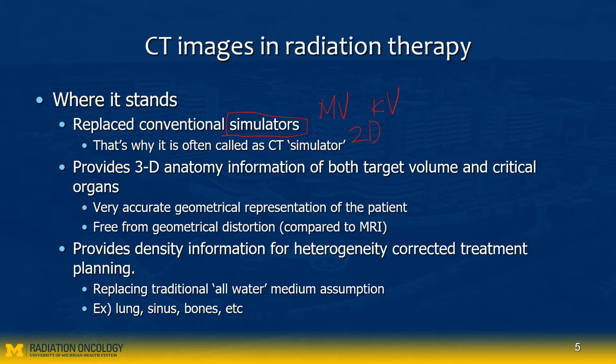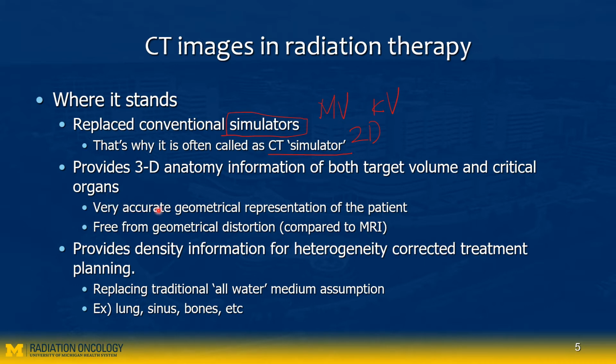But with the introduction of the CT simulator, now we can acquire three-dimensional imaging of the patient, and if we want, we can even generate digitally reconstructed 2D images, which I'm going to talk about a little more later. So the key concept of CT is it provides three-dimensional anatomy for both target volume and critical organs.